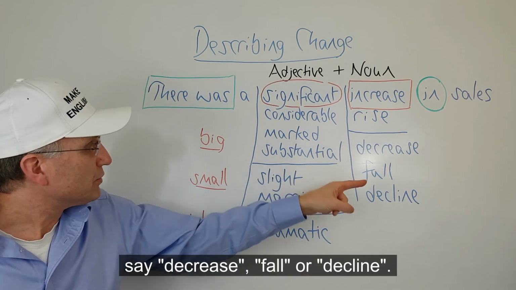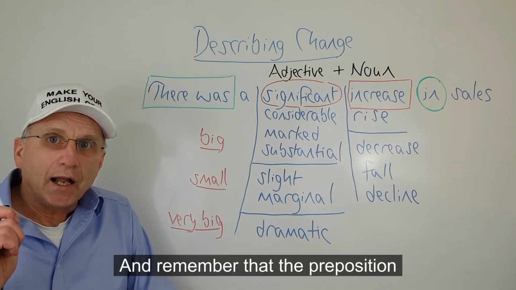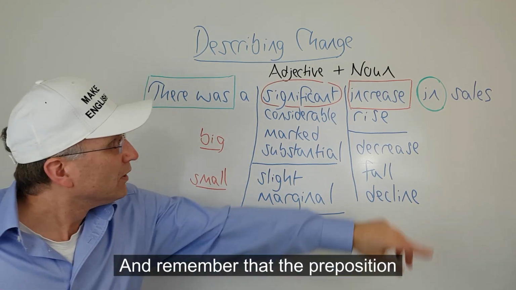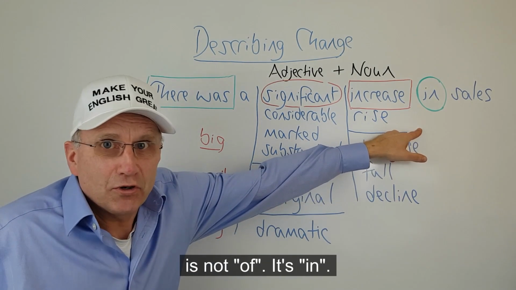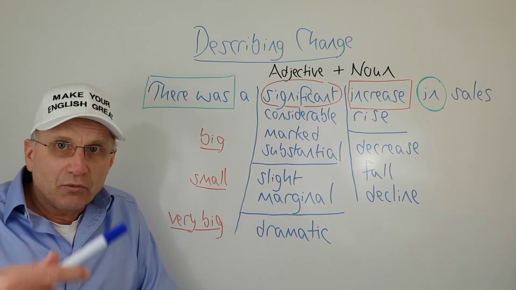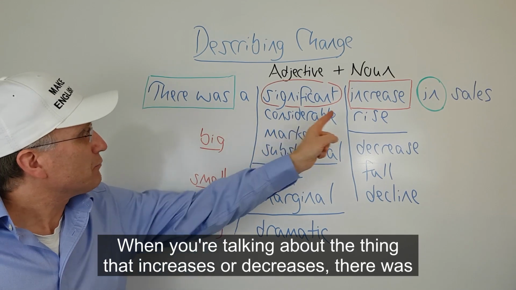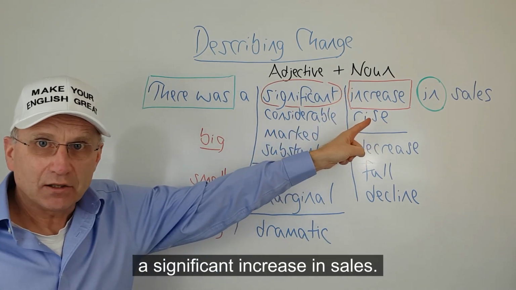Or you can say decrease, fall, or decline. And remember that the preposition is not of, it's in. When you're talking about the thing that increases or decreases, there was a significant increase in sales.